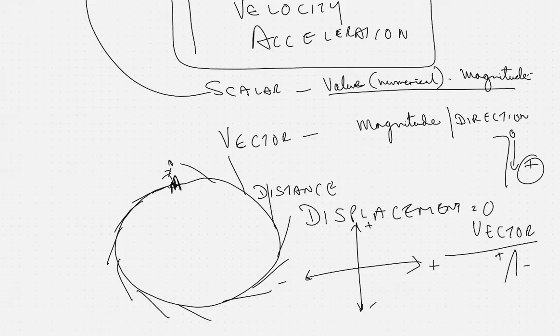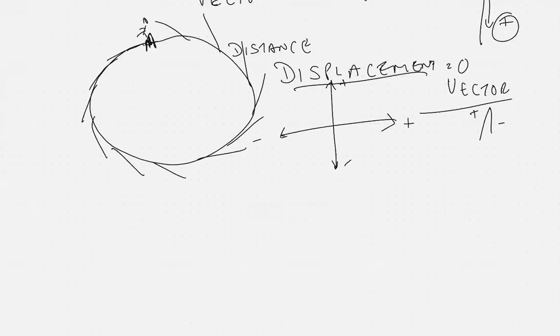So displacement is a vector. If somebody says 30 meters per second to the east, it becomes a vector, because it tells the direction, not just a magnitude.